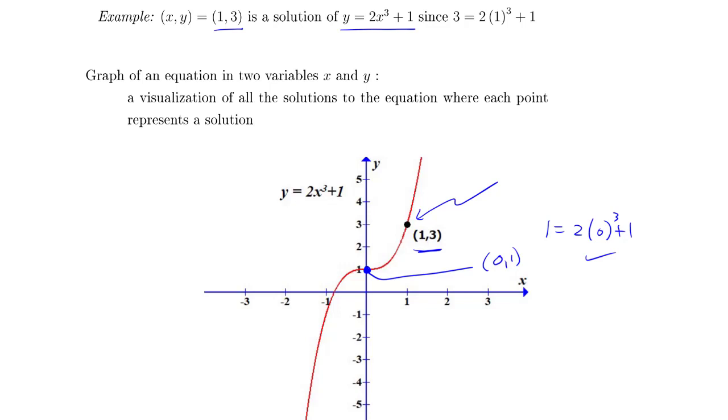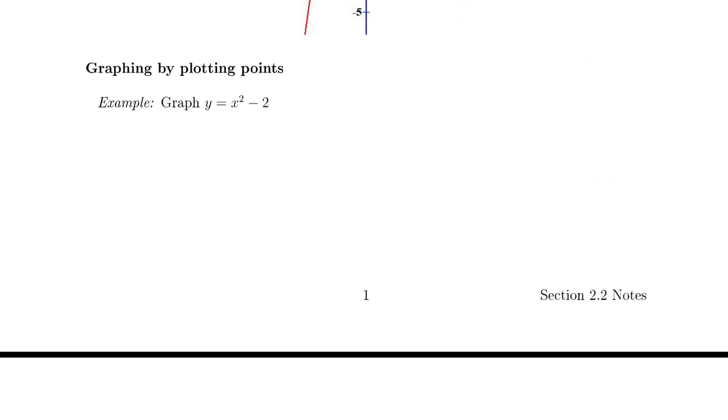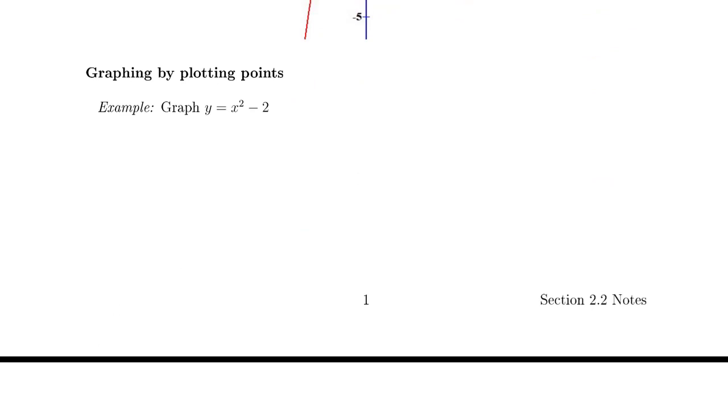So a good question is, how do we get the graphs of these equations? Sorry, I said that backwards. All right, so one way we can think about it is we can just think about plotting points. Now, this is not a very elegant way of doing it, but it goes to a principle of what we're doing and what it means to be the graph of an equation.